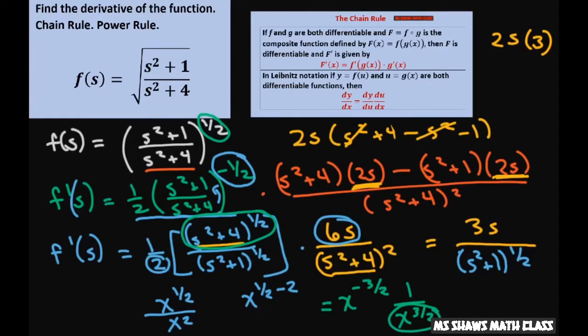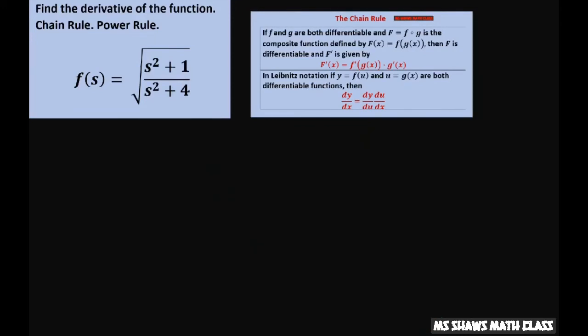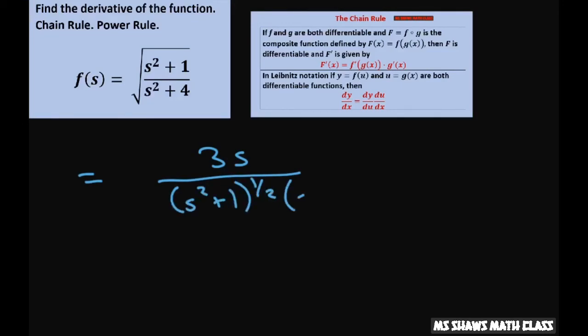So that's going to end up being s squared plus 4 to the 3/2. And I'll rewrite it here. So your final answer is just going to be 3s divided by s squared plus 1 to the 1/2 times s squared plus 4 to the 3/2.